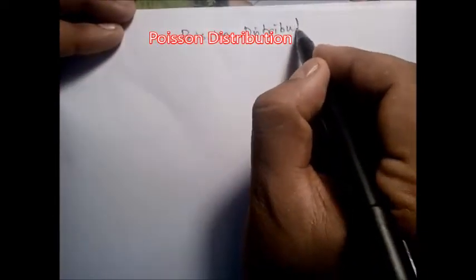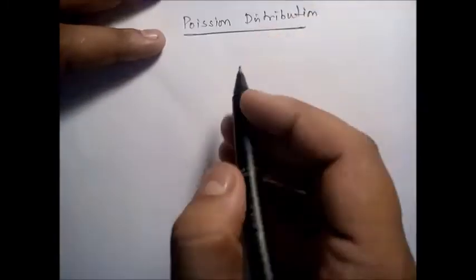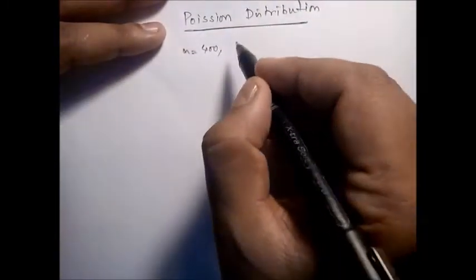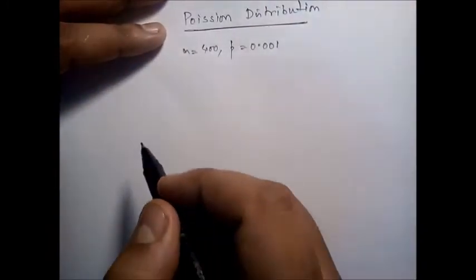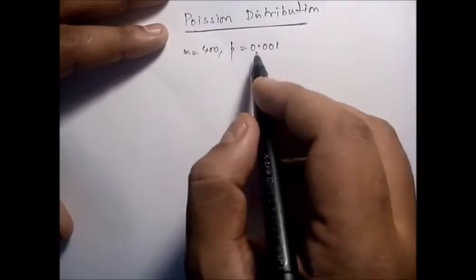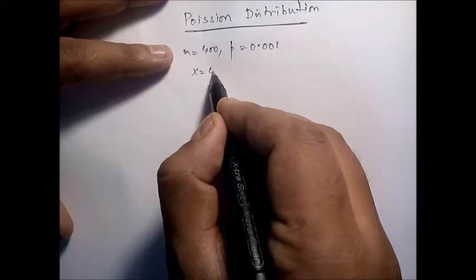Poisson distribution. Now assume n is equal to say 400 and p is equal to 0.001. If you want to apply the binomial distribution, suppose x is equal to say 4.